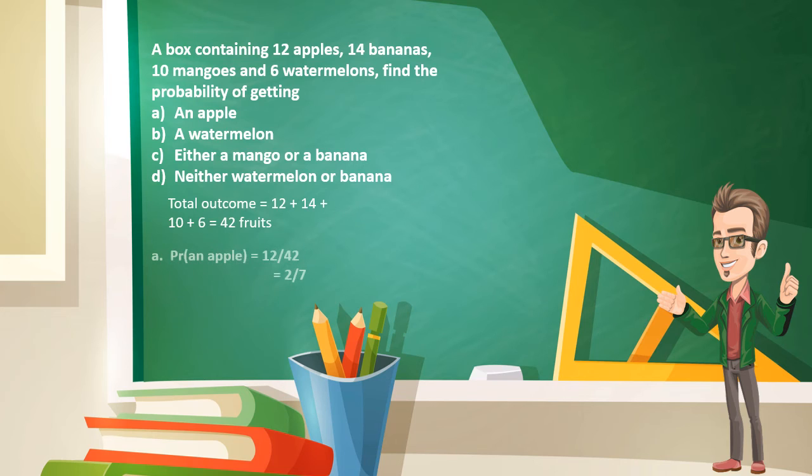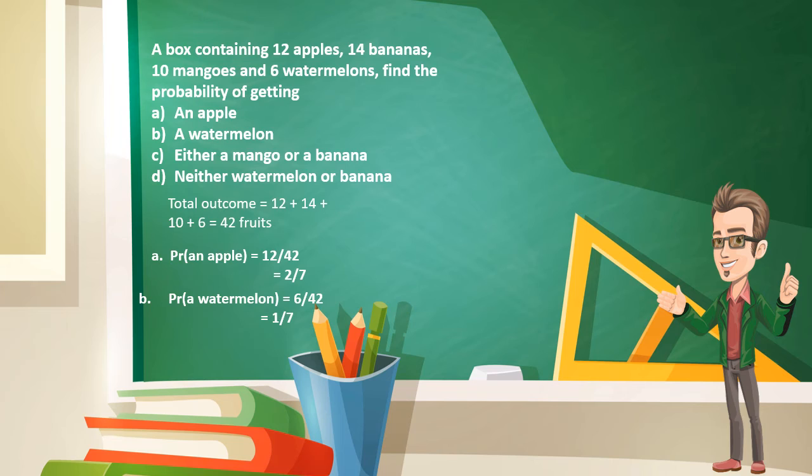If we break this down, we will get 2/7. And question B says we should find the probability of picking a watermelon, and we have just 6 watermelons, which will be 6/42. Breaking this down likewise will give us 1/7.